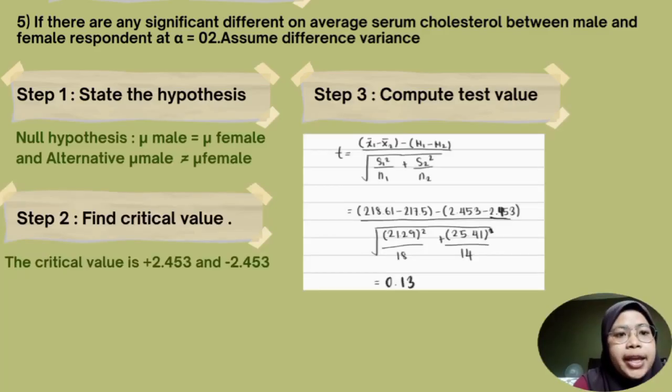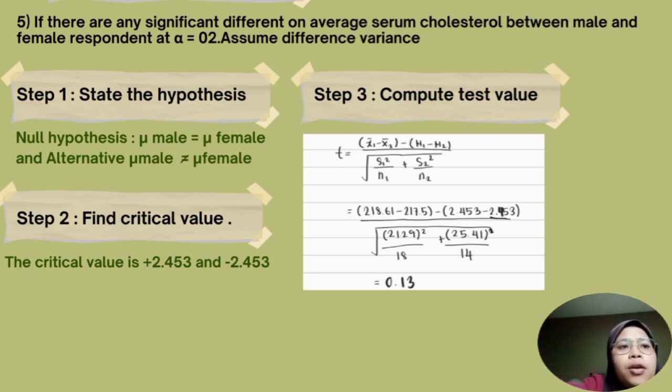For question 5, is there any significant difference on average serum cholesterol between male and female respondents at alpha 0.02, assuming different variances. So for step 1, we need to find the hypothesis and identify the claim. For the null hypothesis, the mean male is equal to the mean female, and for the alternative hypothesis, the mean male is not equal to the mean female.